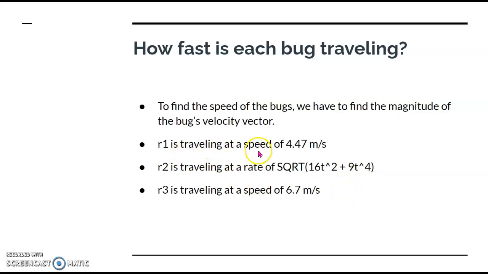R1 has a speed of 4.47 meters per second. R2 varies, so R2 is just going to be a function because it changes over time. That's going to be the square root of 16t squared plus 9t to the 4th power. And R3 is going to have a constant speed of 6.7 meters per second.